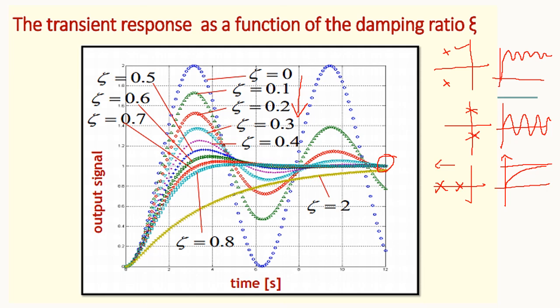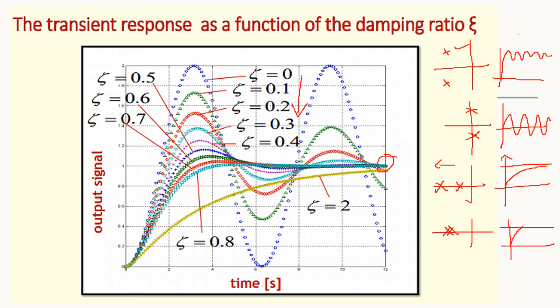And if the system is critically damped, then it takes very little time to reach the steady state, and there will be repeated real poles on the axis.